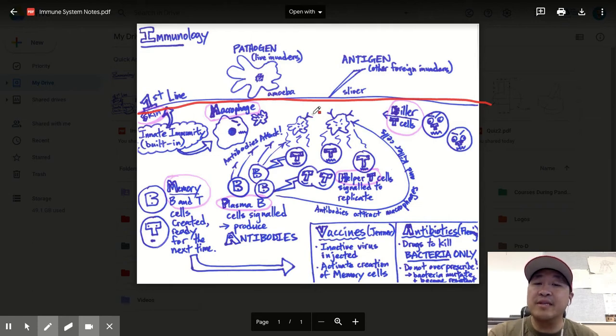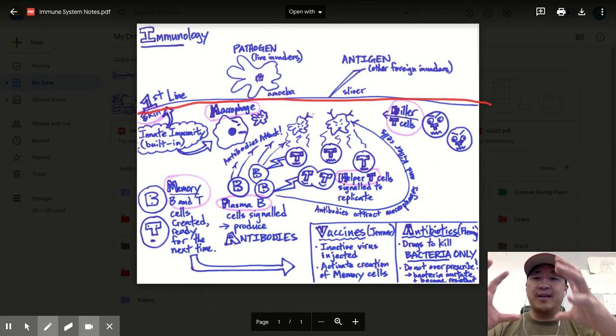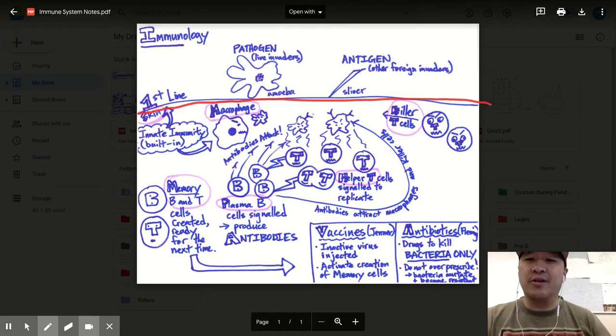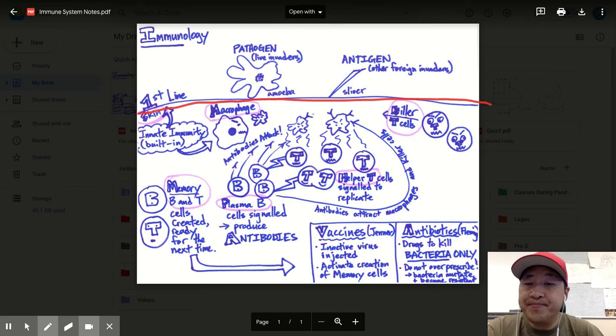They don't need to be activated or anything like that. They're just always there looking for foreign objects to swallow up. And if you've seen the previous videos, they can swallow over 100 different things at the same time, or in one go. So they're large cells that do most of the guarding around the body.